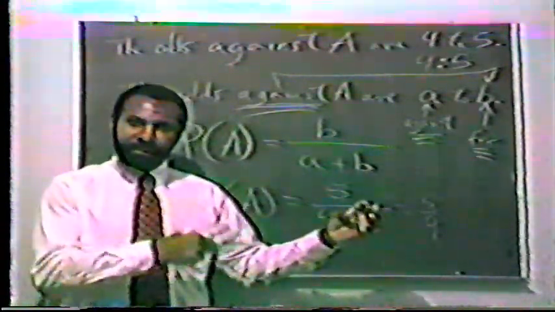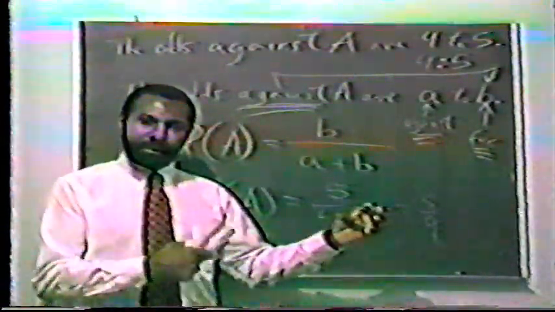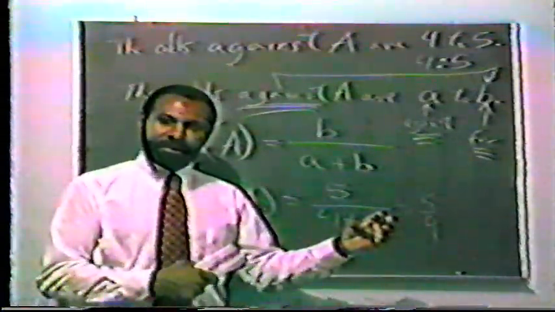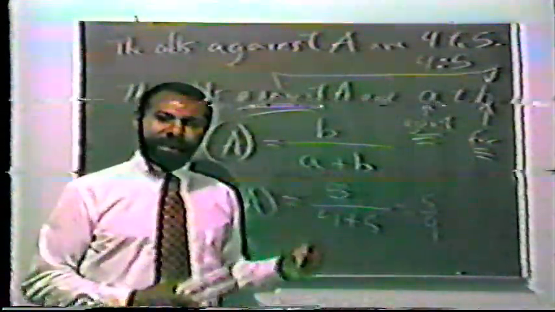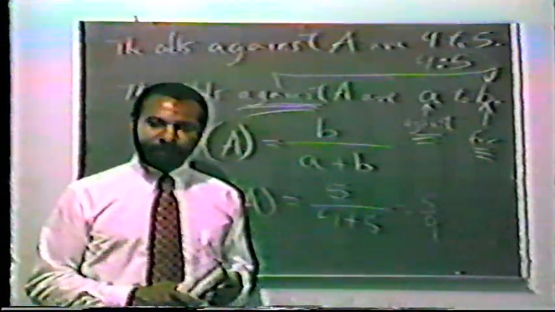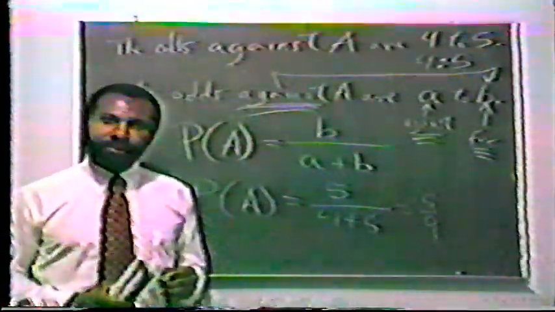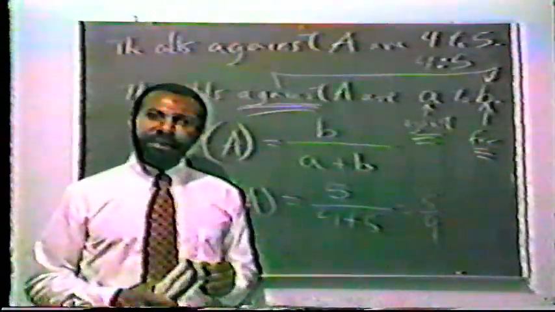If you want the probability of A happening, you have to put the second number on top and the sum of the two numbers on the bottom to get that probability. So this is the relationship between odds and probability.